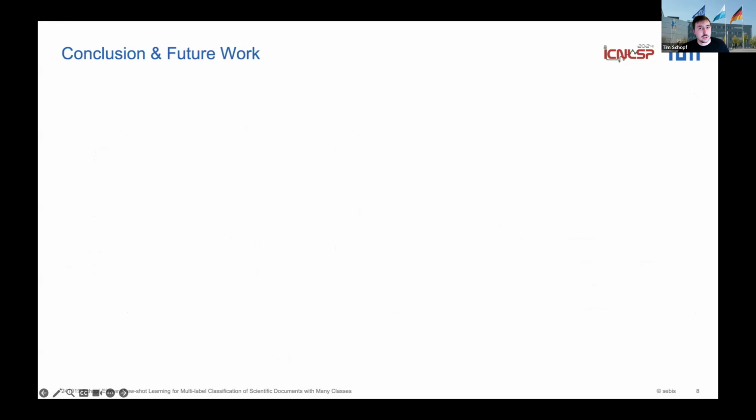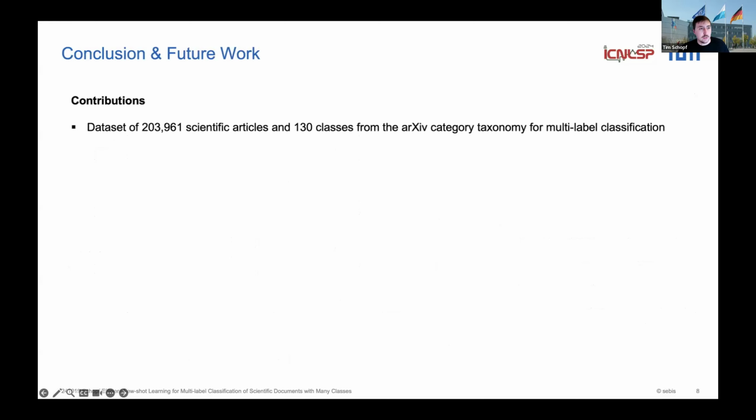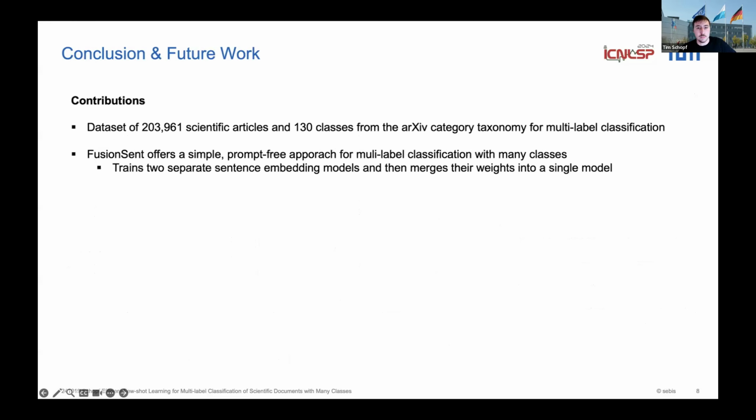As for the conclusion of our work, I would like to reiterate our contributions, which are, for one, the dataset we constructed for classification, and also our FusionSent model that offers a simple and prompt-free approach for classification with many classes in the few-shot setting.